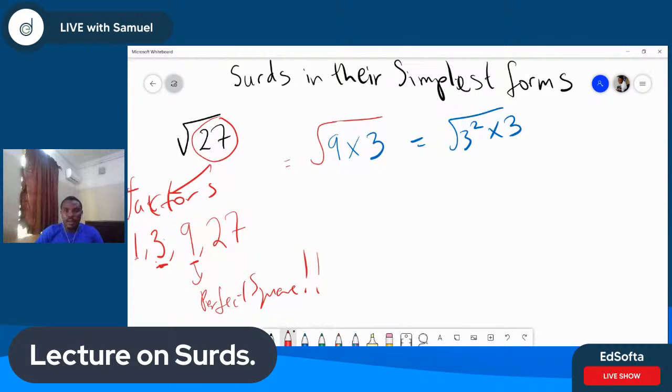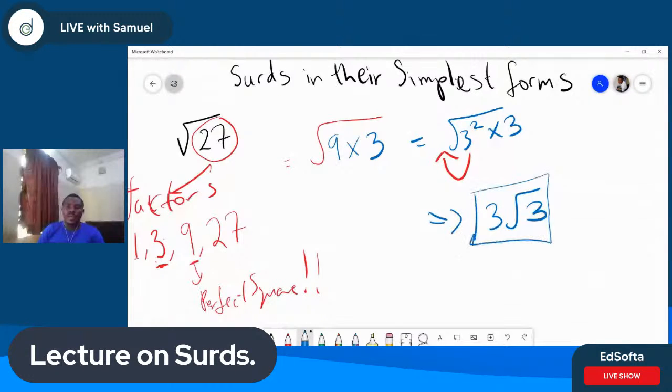The 3 can come out, and you have your answer to be 3 root 3. Very, very simple. This is how to put your surds in their simplest form.